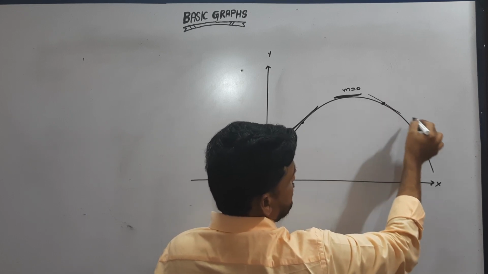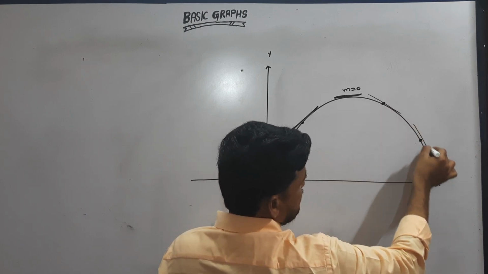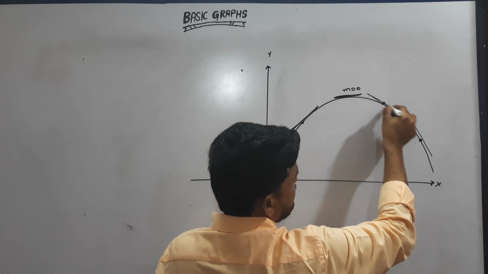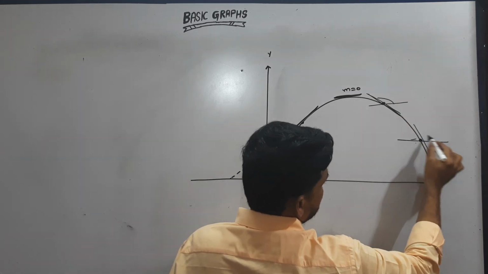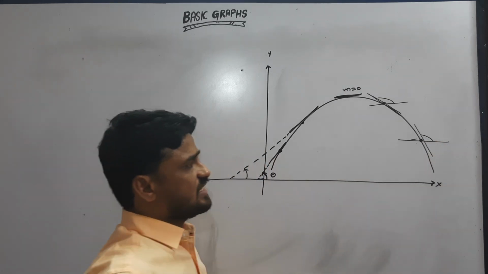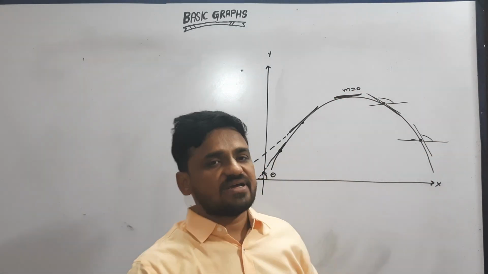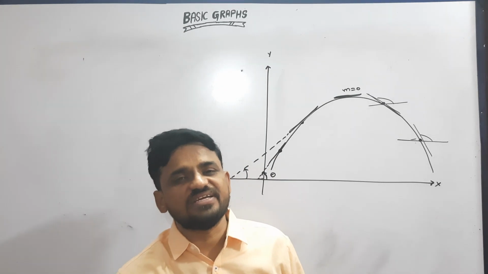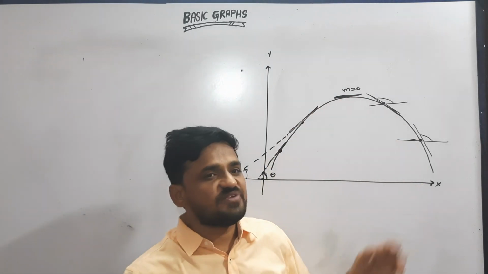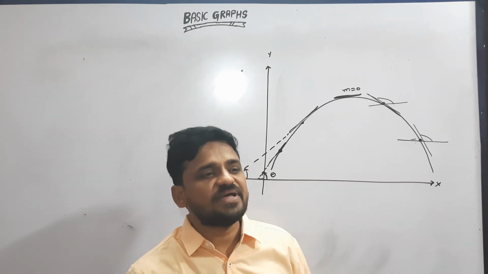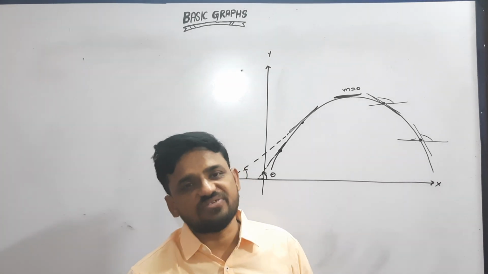Here also draw tangent. So here negative value. Here also slope of the graph decreases gradually. So this graph represents that the slope of the graph decreases gradually.